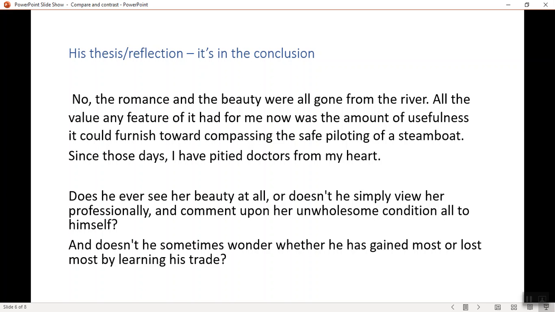And that thesis in itself is kind of subtle. He doesn't come out and hit us over the head with it, but he's leaving us with a reflection that we need to think about. So, one way of doing a compare-contrast essay.